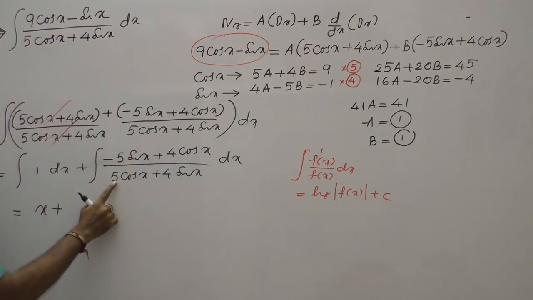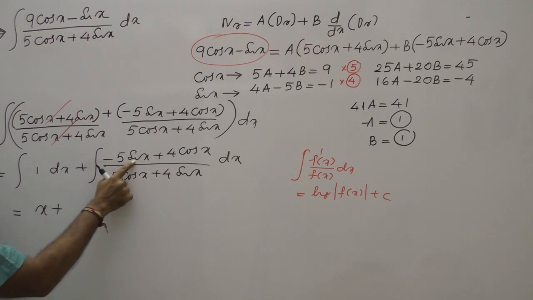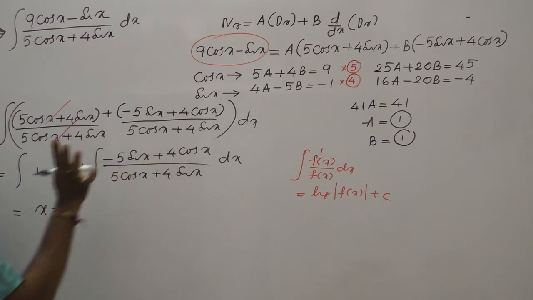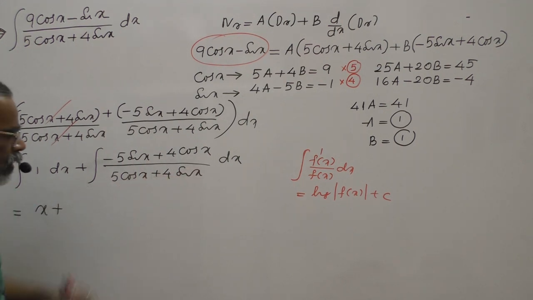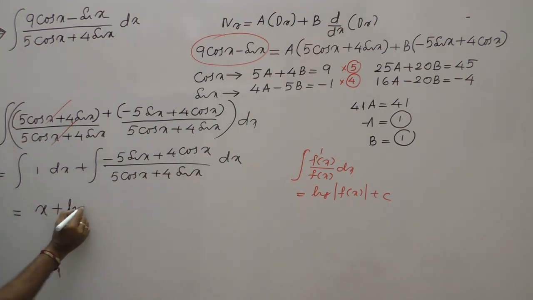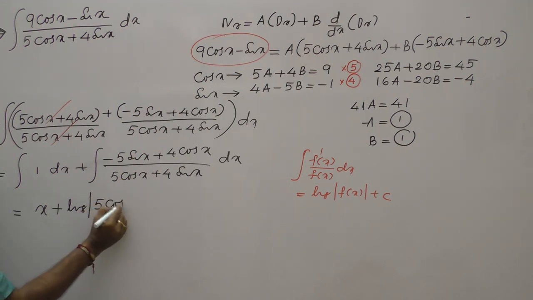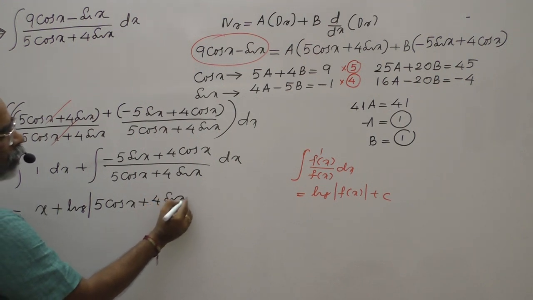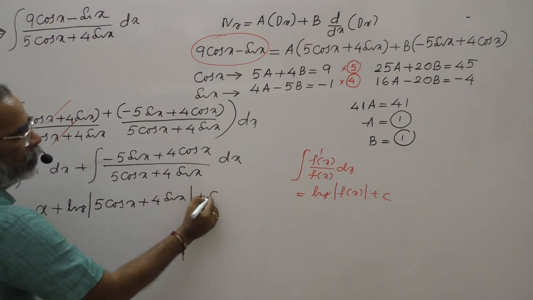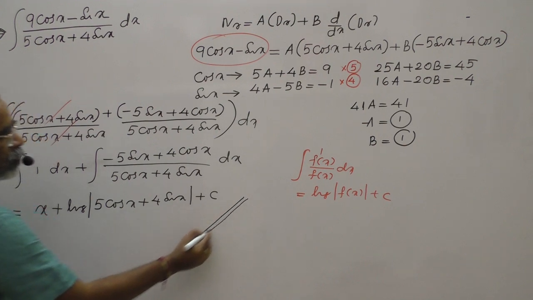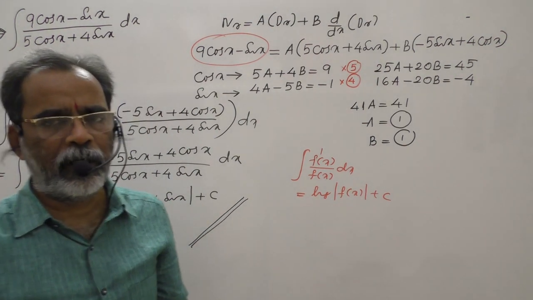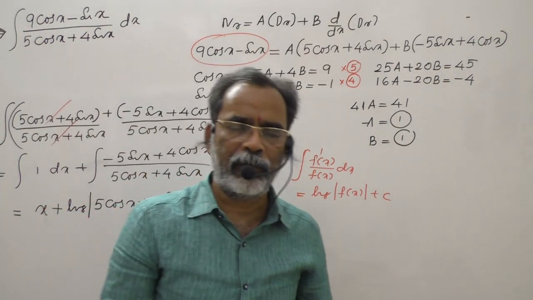See, the derivative of 5 cos x is minus 5 sin x, and the derivative of 4 sin x is 4 cos x. Exactly that form. Therefore this will be log of 5 cos x plus 4 sin x, plus c. This is the answer. Most important model, especially in descriptive exams, final exams.